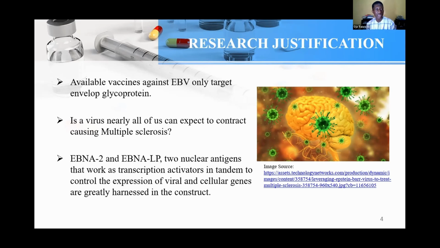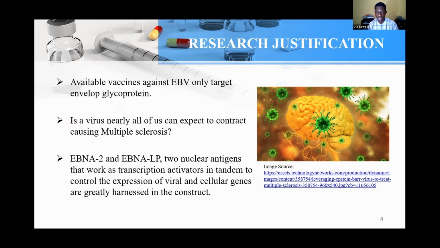And as I've said, about last year, a research was released centered on multiple sclerosis being caused by Epstein Barr virus. And the question is: is the virus we all have, or are all expected to contract, causing multiple sclerosis?